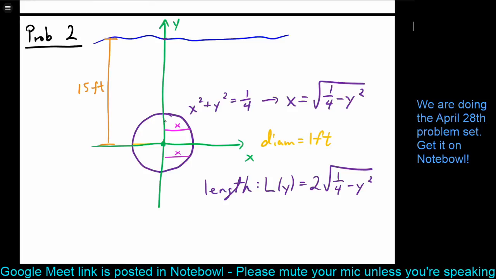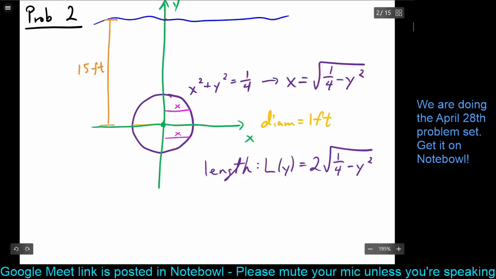Whatever the y value is here, if we do 15 minus y, that gives us the distance from the top here to whatever our y value is. So for example, if we chose, let's erase this one here. I'm running out of colors. Let's say we choose this depth right here.